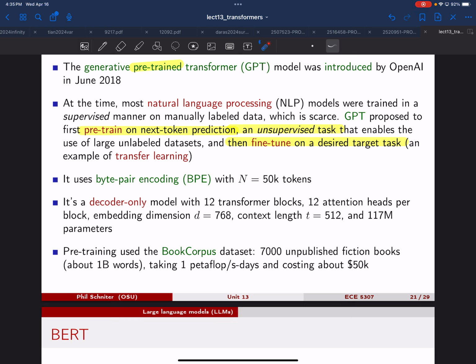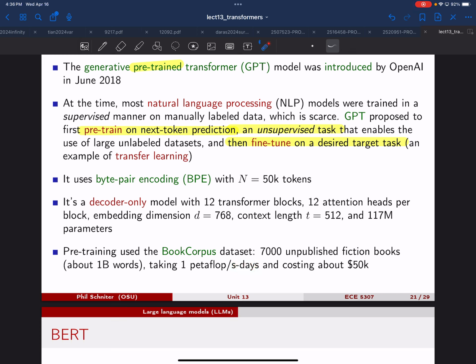The way this is reported, petaflops per second is kind of like a computing speed. And then you multiply that by the number of days you ran at petaflops per second, and in total you get compute. You could represent this number in petaflops alone and get rid of seconds per days if you just multiply this number by the number of seconds in a day.